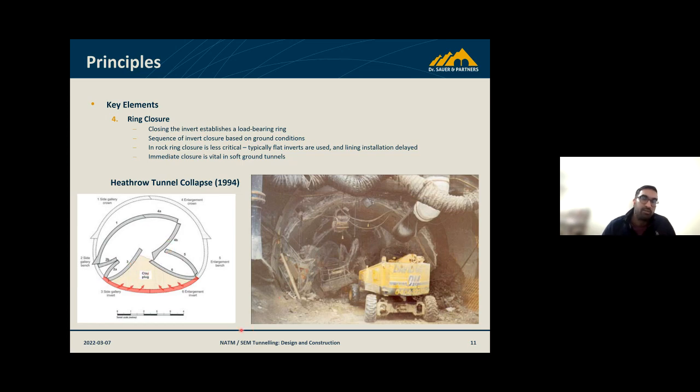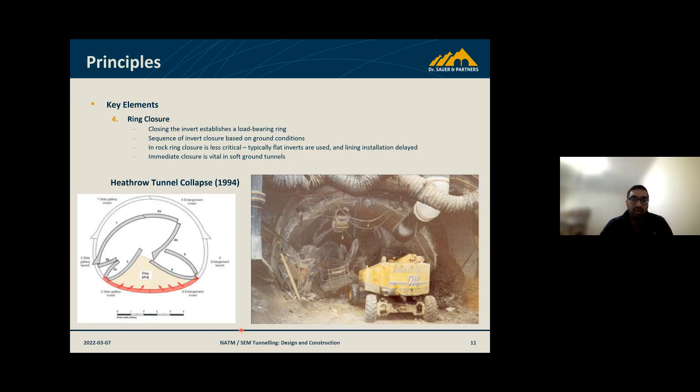There are obviously lots of different lessons learned from that collapse, but one of the key findings is that the mechanisms used for ring closure were not clearly defined or clearly followed by the construction team, and that comes down to the crux of it.